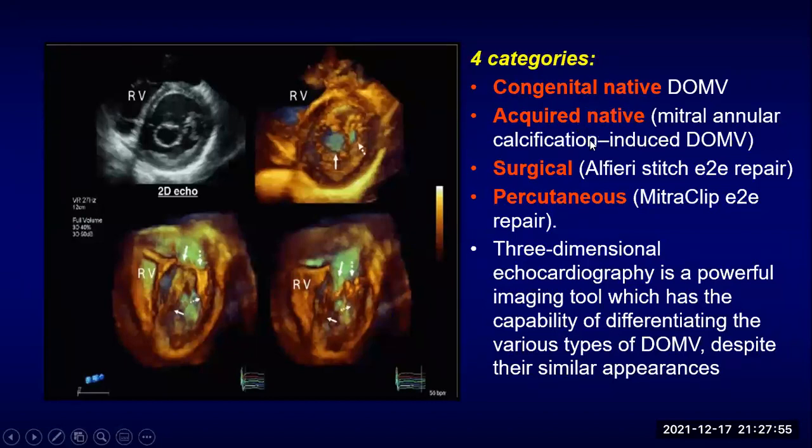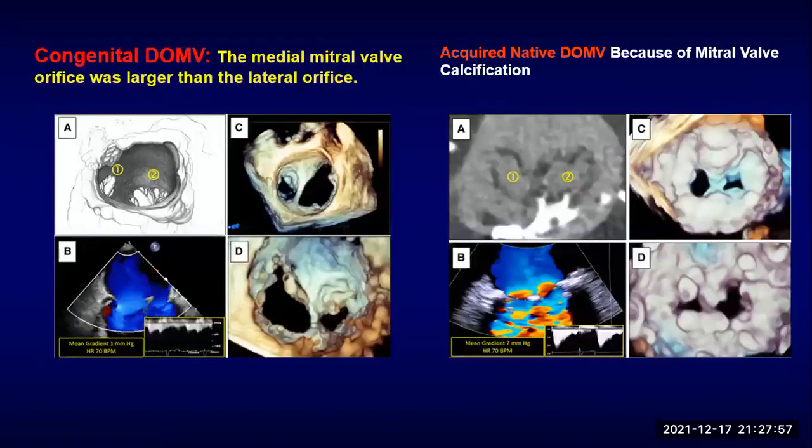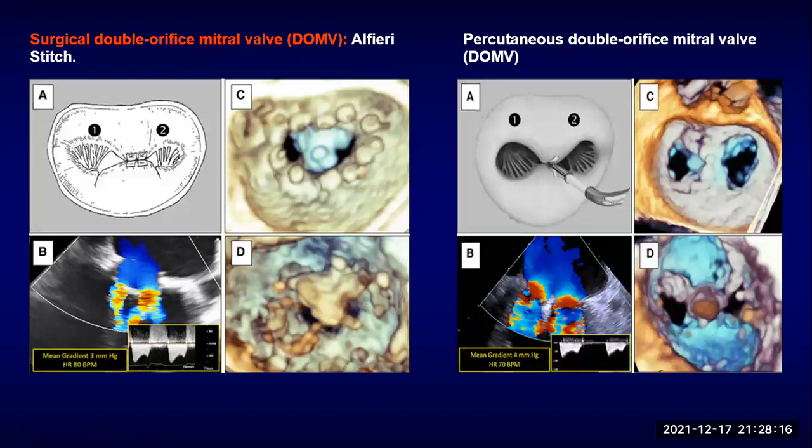That is, with age, we have calcification. And with calcification, we have a fusion of A2 and P2. This fusion of A2 and P2 will create a double orifice. Okay, it is something like a double orifice mitral valve, but it is not a true double orifice mitral valve.